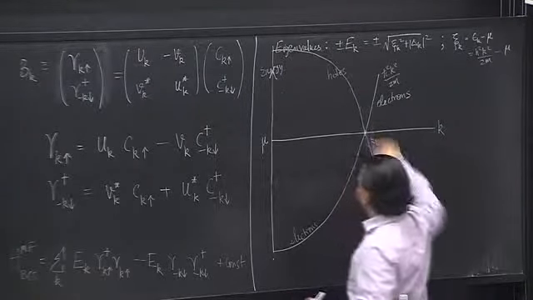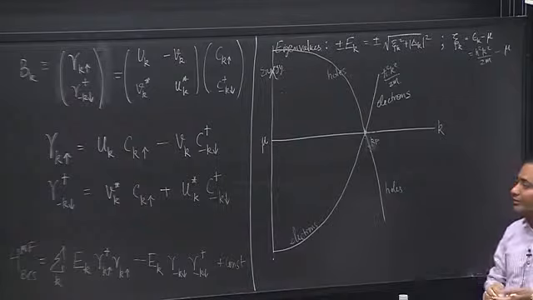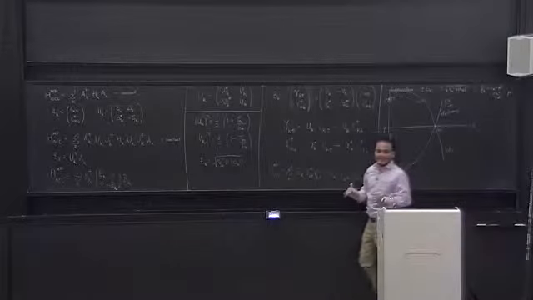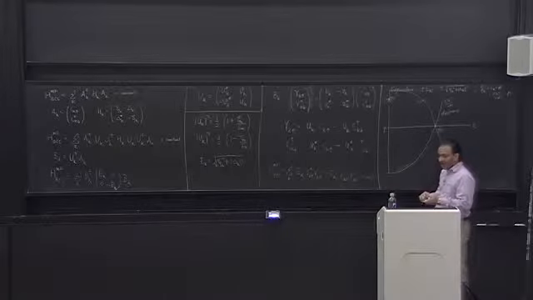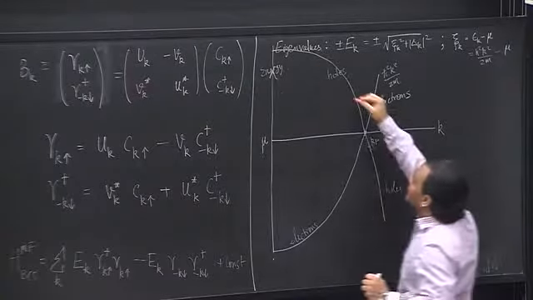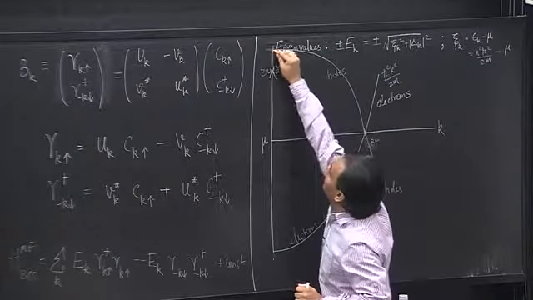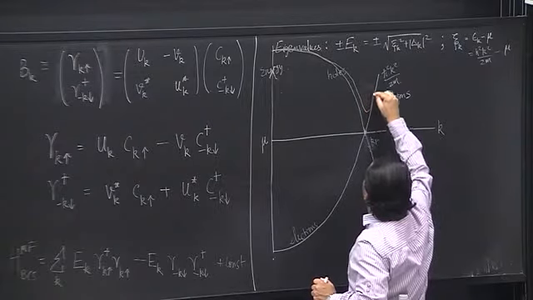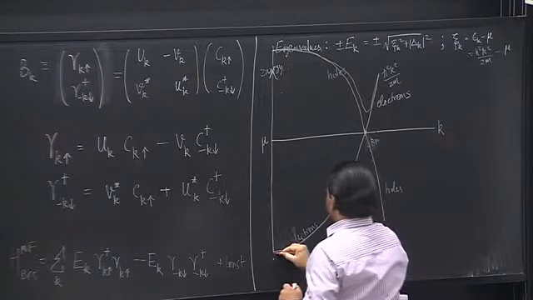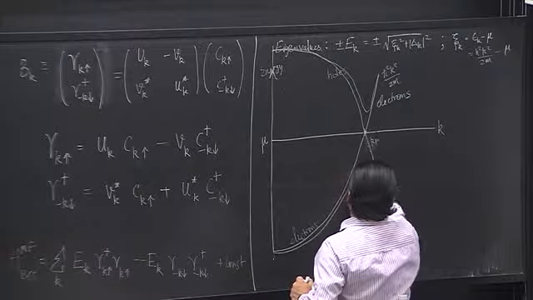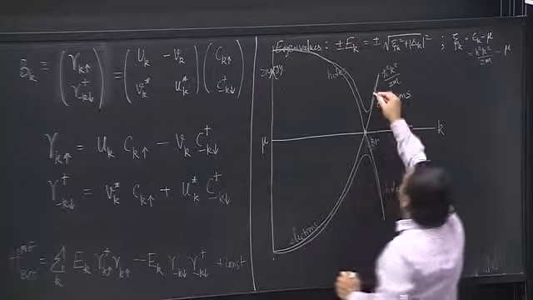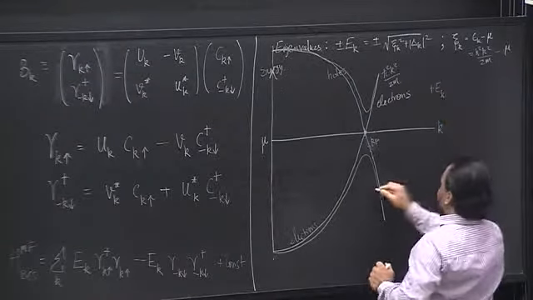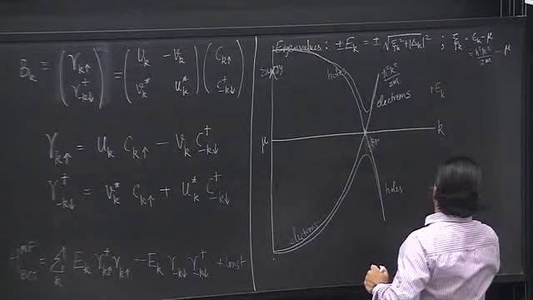Next, I'm going to make a plot of Ek and minus Ek. So Ek and minus Ek look like the following. This is Ek. This orange curve represents plus Ek, and this one represents minus Ek.